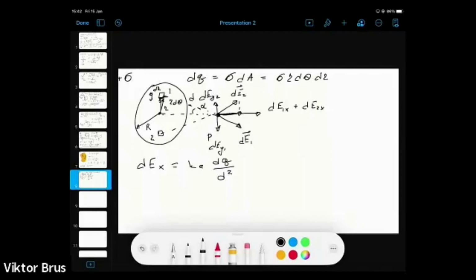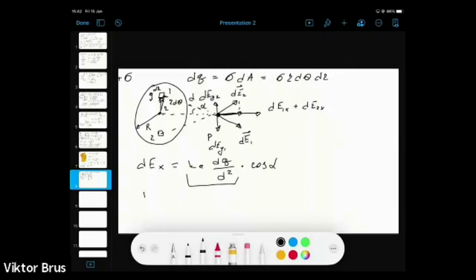This is the absolute value of the electric field vector created by segment 1, but we need to multiply it by cosine alpha in order to get the projection on the axis x.